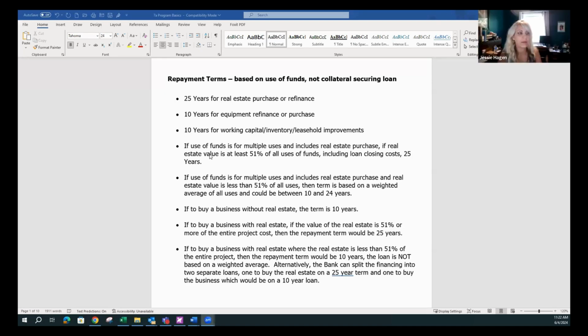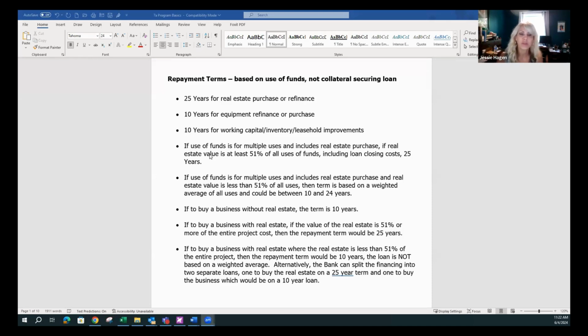And this is a new one. If you're buying a business and real estate, there are only 2 options. The real estate is worth, allocated, and supported by an appraisal to equal 51% of the entire project. I use the air quotes for project because it's the purchase of the business, purchase of the real estate, closing costs, maybe working capital, maybe inventory, all those other things make up the project.